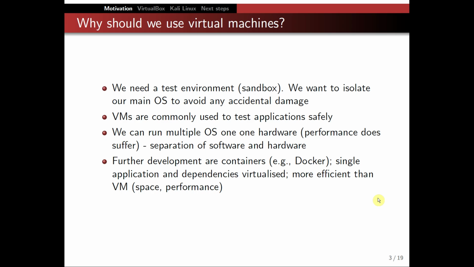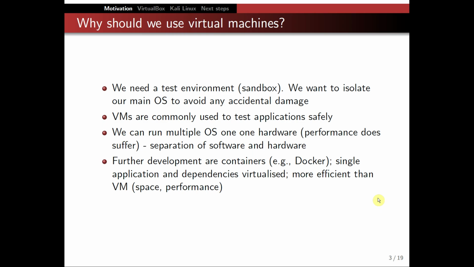In particular, we need to run several operating systems on one hardware. So we have our computer, we have one hardware, and we run maybe Windows or a Mac OS or Linux, and at the same time we want to run other operating systems. And later we also will set up some targets for hacking, for instance. So we need to operate several virtual machines at the same time.